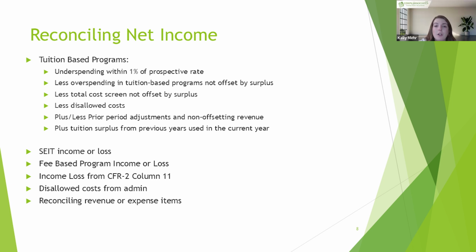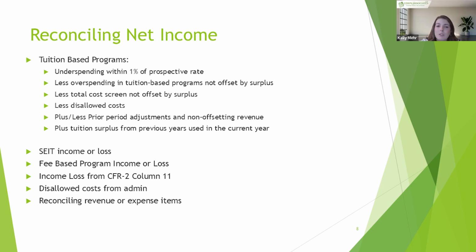If you're hitting an indirect cost screen that's not offset by a surplus, that would also need to be subtracted from your CFR net income to reconcile to your financials. You also want to make sure that you're adjusting for your disallowed costs, your prior period adjustments, and any tuition surplus from previous years that you may be using in the current year as an offset.